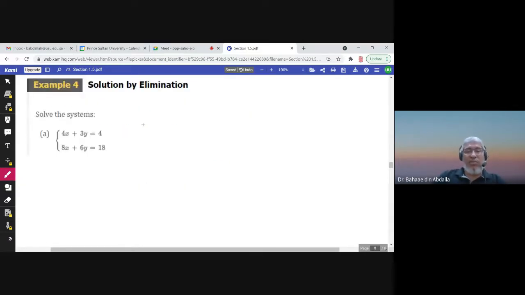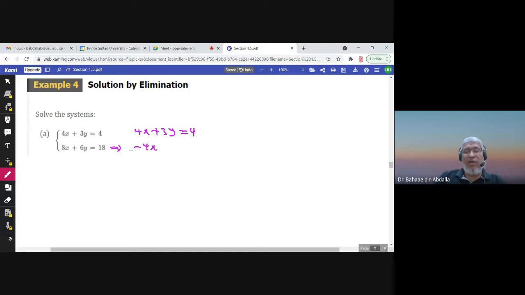Solve the system by elimination. Look at the coefficients. You have 4, 8, 3, 6, 4. Also, if you look at the coefficients of the second equation, you have 8, 6, 18. So I will divide the coefficients here by 2. Why not divide by negative 2? If I immediately divide by negative 2, I will get 8 over negative 2, that's negative 4.